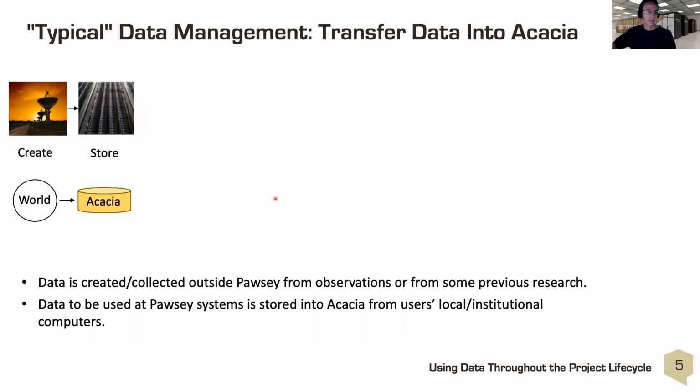In this case, we are recommending to move your data directly into Acacia first. So data could come from a collection from an experiment or from other institutions, basically any data that is out of Pawsey.